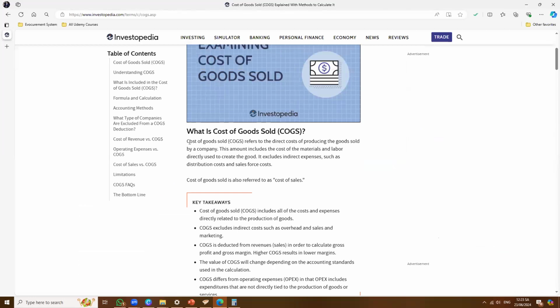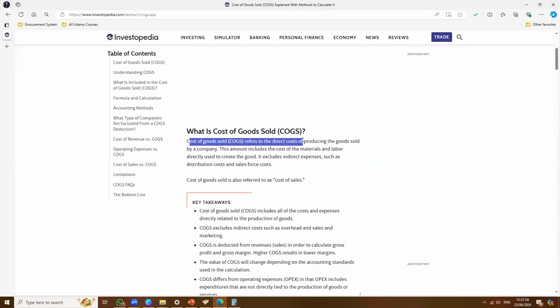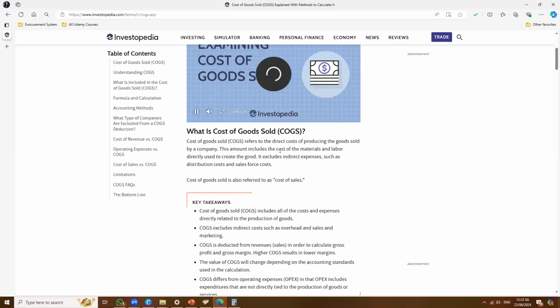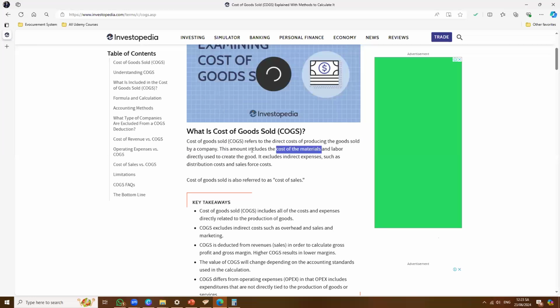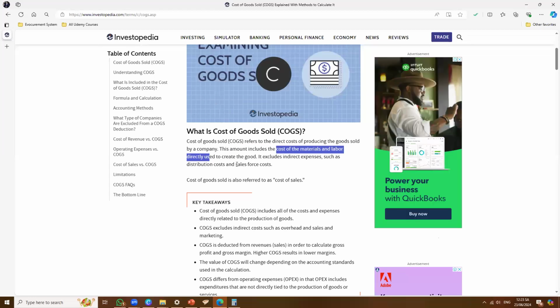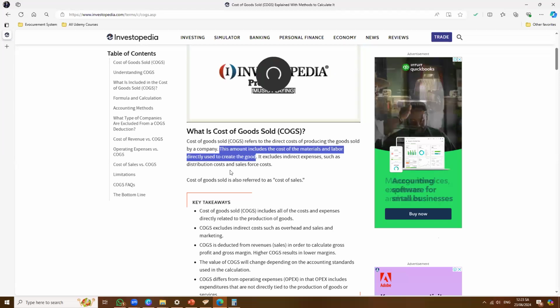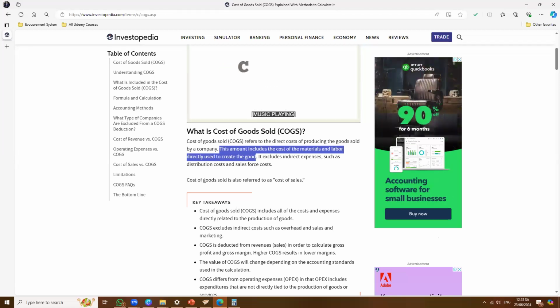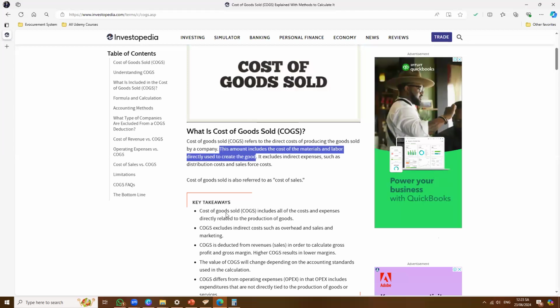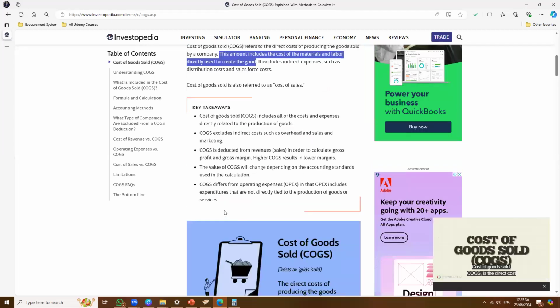So the cost of goods sold refers to the direct cost of producing, and this amount includes the cost of material and labor directly used to create the good. So the amount here must include the material and the value of labor that have been used to create the finished product.